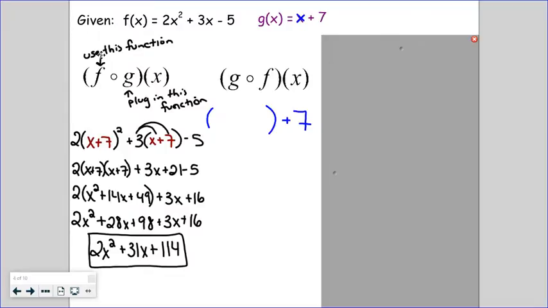And where I left that space, I plug in f of x, 2x squared plus 3x minus 5. I'm plugging it in wherever there was an x up here in g, which is just that one spot. And then I clean it up. Well, there's not a lot to do to clean this one up because there's no foiling to do, there's no distributing to do, there's just combining like terms. I combine the negative 5 and the positive 7, and we get 2x squared plus 3x plus 2.